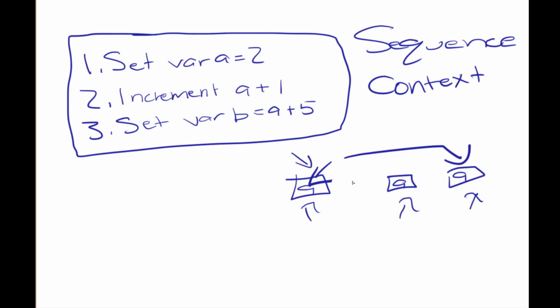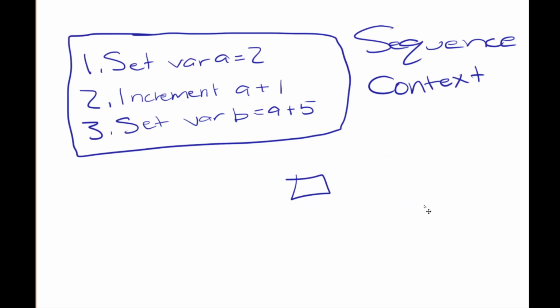Even though these variables might be called the same thing, it is important that the context is preserved. So that is what a thread, for our purposes of understanding multi-threading, is. It is a sequence of instructions all within the same context.